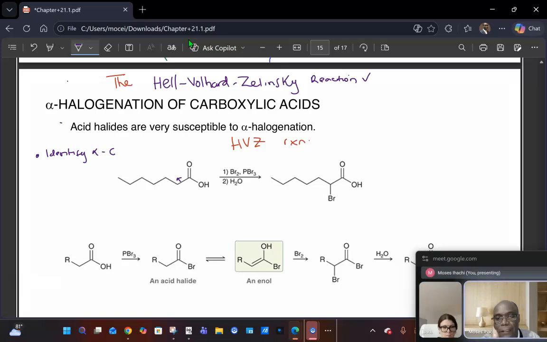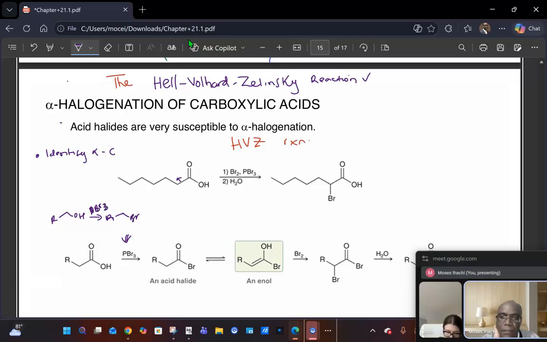Now at the alpha carbon, we are going to use PBr3. Usually we use PBr3 to put a Br on alcohols, just to remind you, organic one. You want a good leaving group, use SOCl2 to put Cl, or PBr3 to put the bromine.